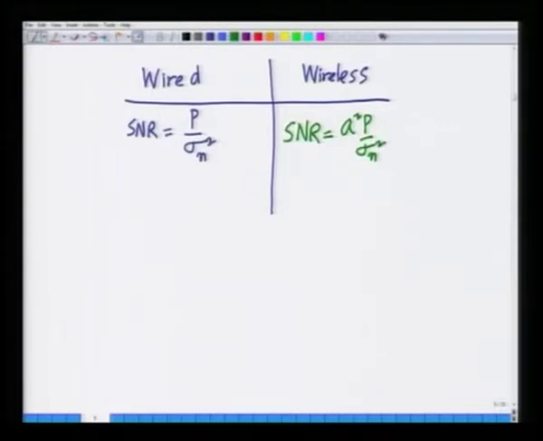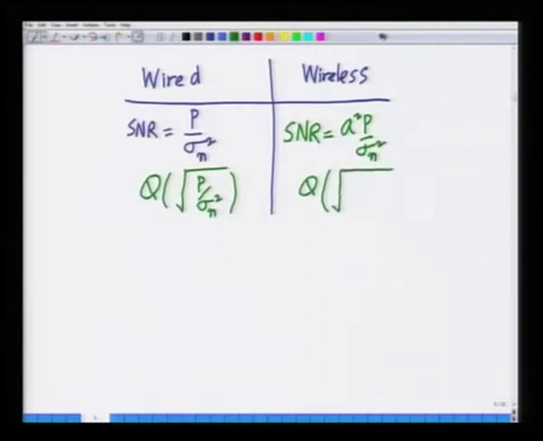Now, everything is the same between wired and wireless in terms of the system model, except the SNR in the wired channel is now multiplied by a gain factor, which is a square. So, the bit error rate here we said is Q times square root of P over sigma n squared, which means the bit error rate there will be Q times square root of a squared P over sigma n squared. See, the difference from a wired to a wireless channel is essentially that the SNR P over sigma n squared is scaled by a square.